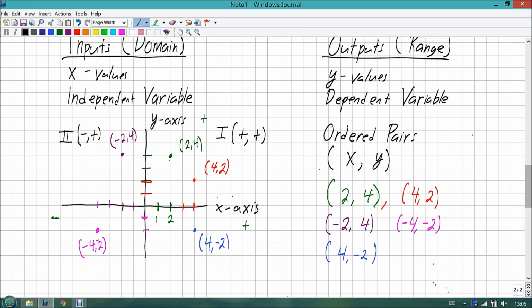The bottom quadrant, or quadrant 3, which is below quadrant 2, also has a pairing where it has a negative x value and a negative y value. And the final quadrant, which we will call quadrant 4, has a positive x value but a negative y.